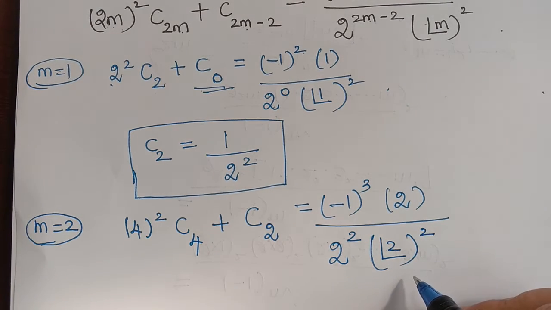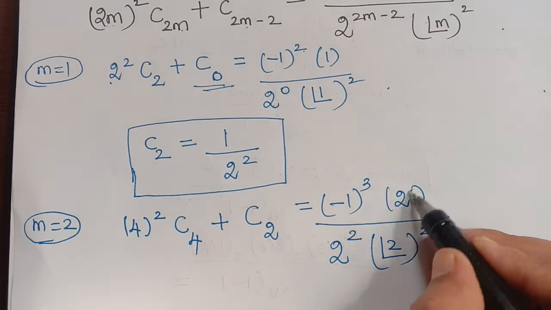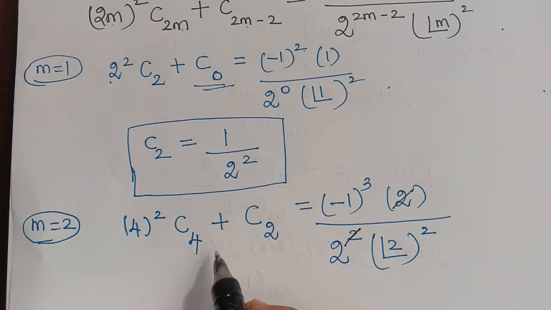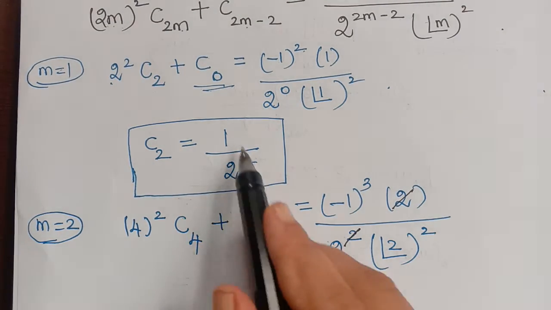So this is what we obtain. Now one of the 2s gets cancelled, and c2 is 1 by 2 squared.